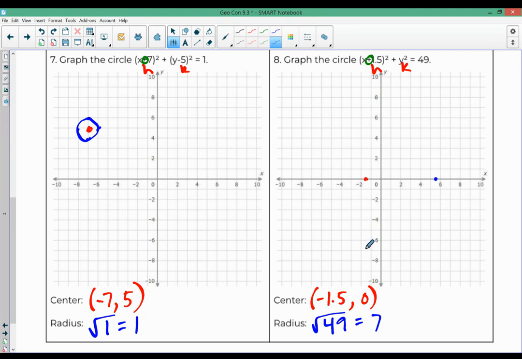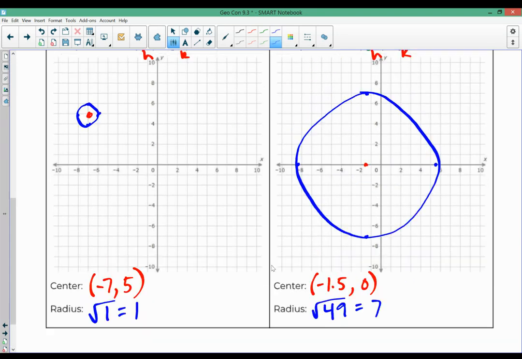Down 7, up 7, and then left 7. That is a big guy. It's still not looking like circles, just curvy squares, but that's it. You just graphed a couple of circles there.